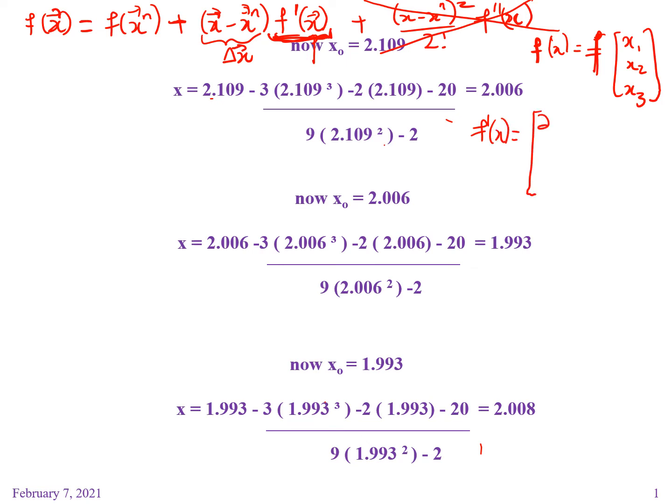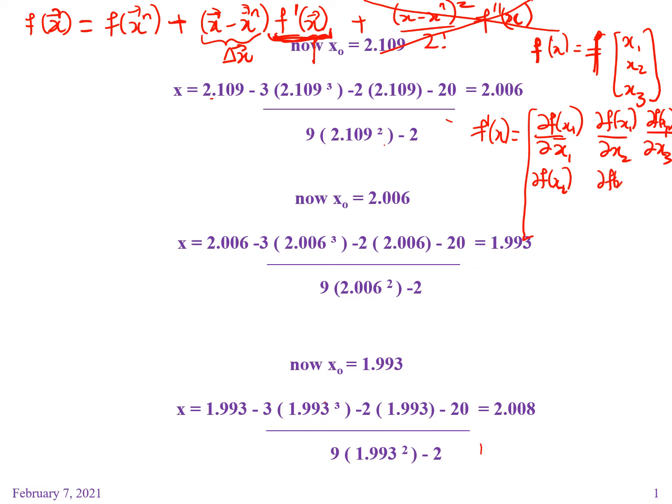It's going to be the derivative of f at x1 with respect to x1, then the derivative of x1 with respect to x2, and finally derivative of x1 with respect to x3. Do that again. This time around it's x2.